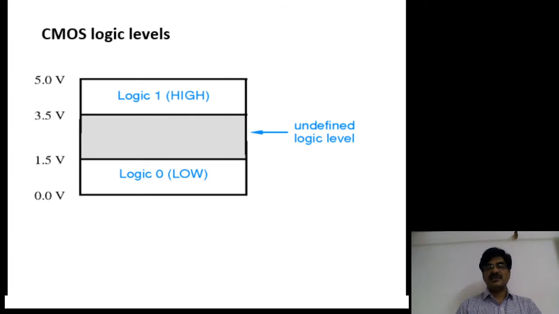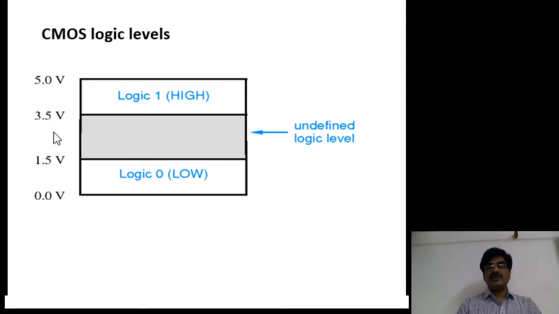In case of CMOS logic, 0 volts to 1.5 volts range is considered as logic 0, whereas 3.5 volts to 5 volts range is considered as logic 1. That means any voltage in the range 0 to 1.5 volts is treated as logic 0. Similarly, any voltage in the range 3.5 volts to 5 volts is treated as logic 1.